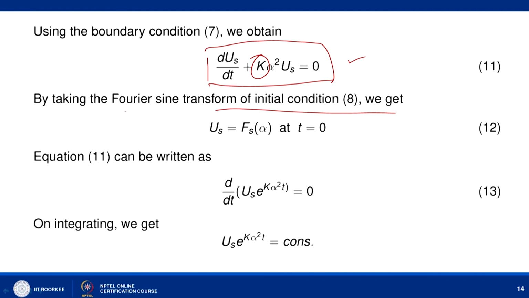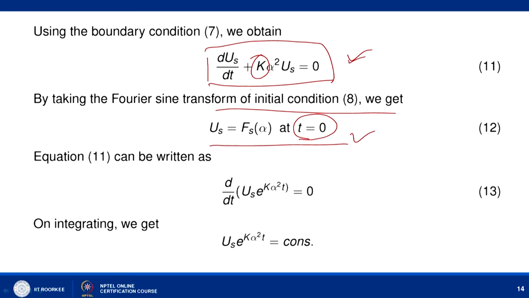Applying the Fourier sine transform of the initial condition, we can write u_s equal to f_s(alpha) at t equal to 0. So we have the ordinary differential equation 11 along with the initial condition 12, that u_s at t equal to 0 is given as f_s(alpha).